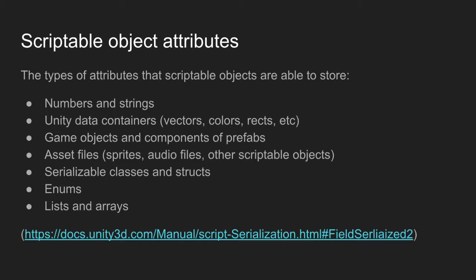Enums and also lists and arrays of everything else. And also themselves, so you can have nested lists and arrays. You can find the full list on that URL. I just found that link recently. It would have been useful if I had that link earlier.